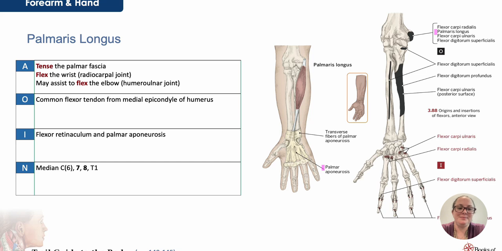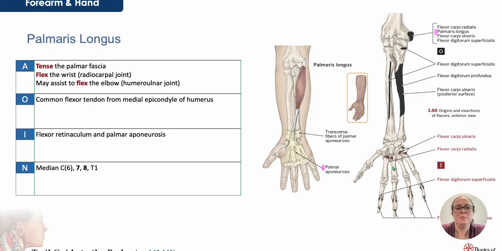Palmaris longus. It tenses the palmar fascia. Flexes your wrist, flexes your elbow. It starts at the medial epicondyle, hangs out along the ulna and the radius, runs down, and inserts onto the retinaculum, which is connective tissue of your palm.